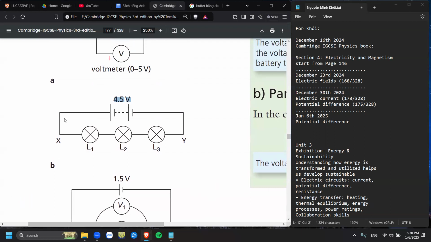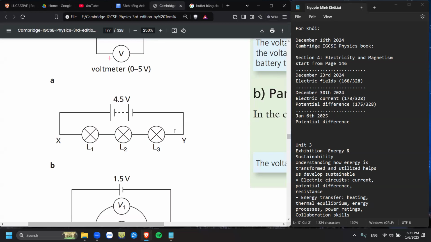However, look at this example again. You can see that as the electricity passes through L1, some of that voltage is eaten up by L1, right? So it won't be 4.5 at this point. It will be, let's say, 3 point something. And after passing through L2, it will be like 1.5 something.